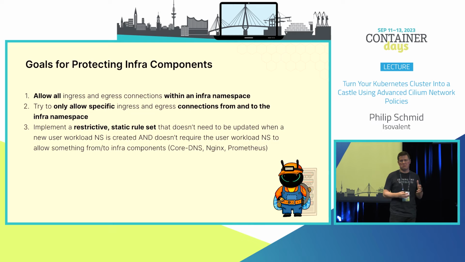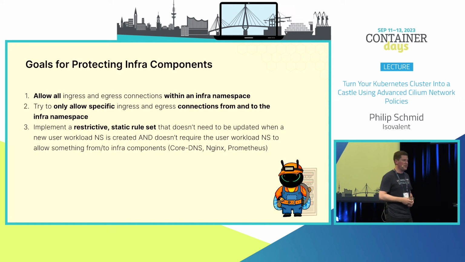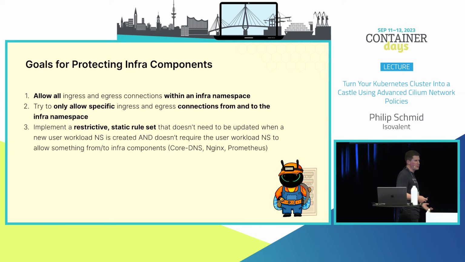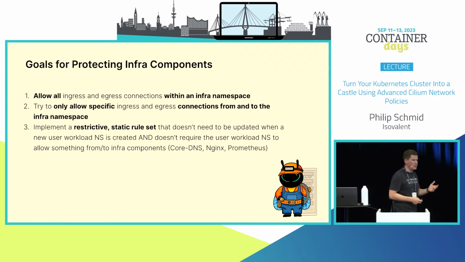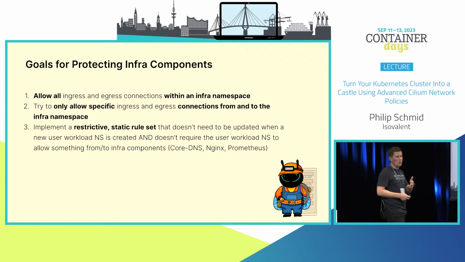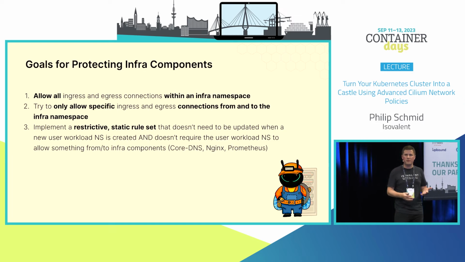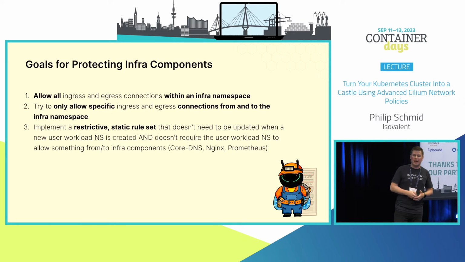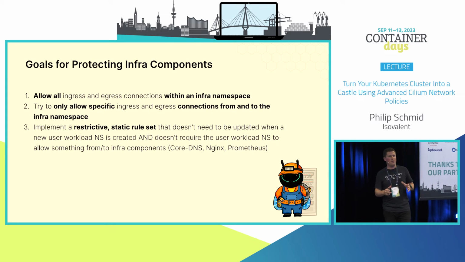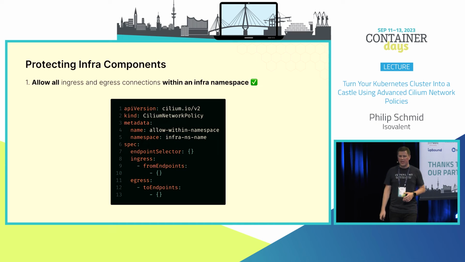Those functions could be CoreDNS to provide DNS service for our user workloads. It could be the Nginx ingress controller or Prometheus to actually serve ingress objects or scrape metric endpoints from the user namespaces. And there I would like to create a generic approach which doesn't need to be adjusted whenever I remove or add a new user workspace.